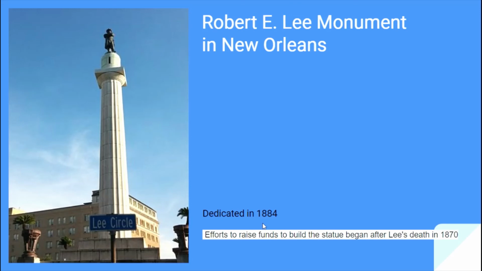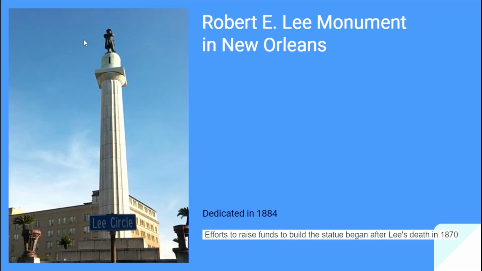And it took a few years to raise all the money to build a monument. Then they had to find someone to build it. Then he had to build it. So by the time that the statue was ready for its dedication ceremony, it was 1884.